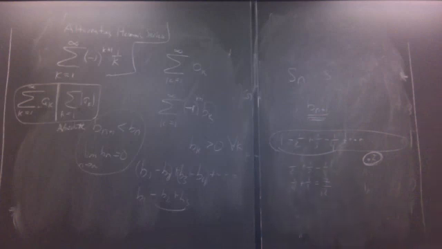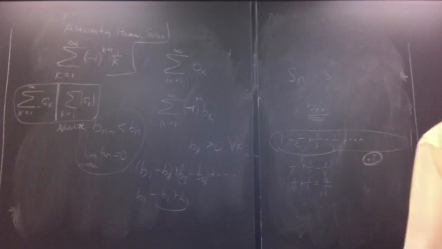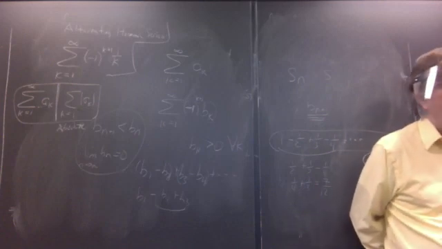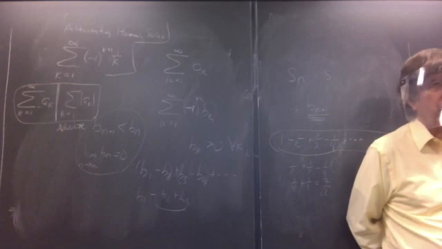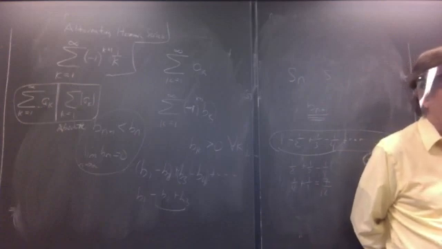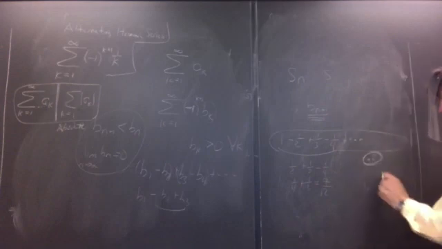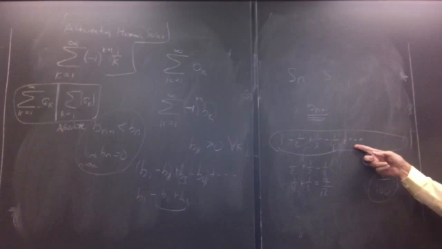Anyway, this allows us to estimate some stuff pretty fast, because it turns out that a lot of series are alternating. And for series that are alternating, we get quick error bounds. So what you're going to have in the exercises is, suppose I want an error of less than 1/100th when I add these up.